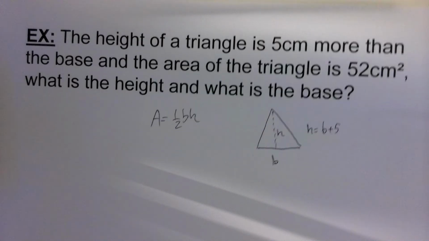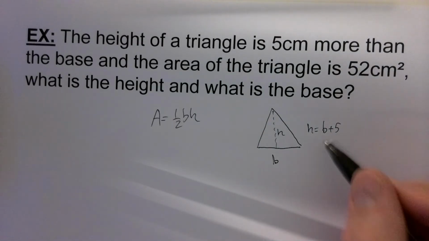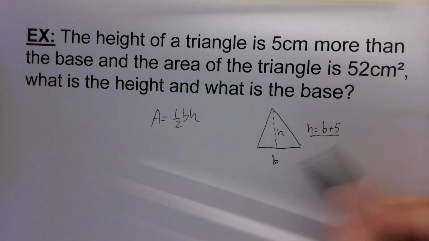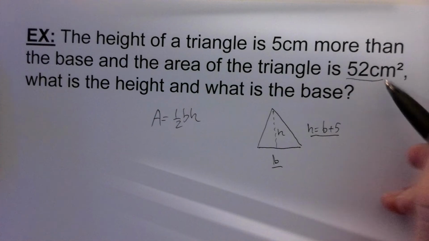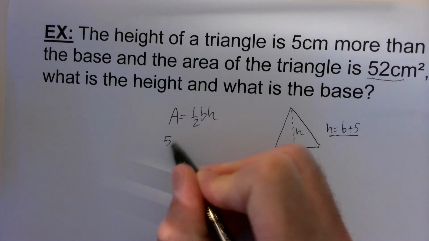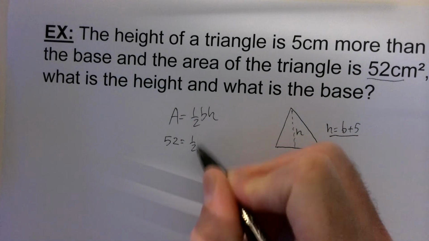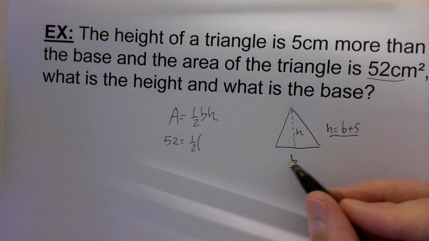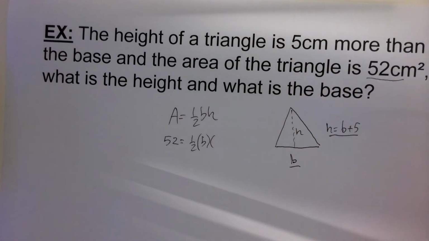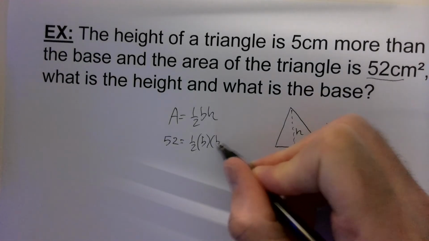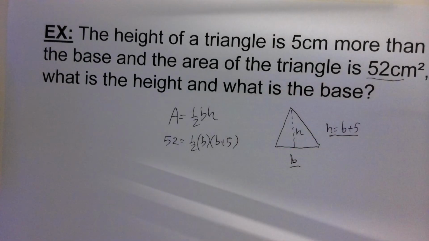Okay, so we're going to go ahead and plug in everything we have. We know H in terms of B, and then we know what A is. A is 52 centimeters squared. So we'll put in 52 equals half of base times the height, but instead of H, I'm going to use B plus 5. And so we want to solve this equation.